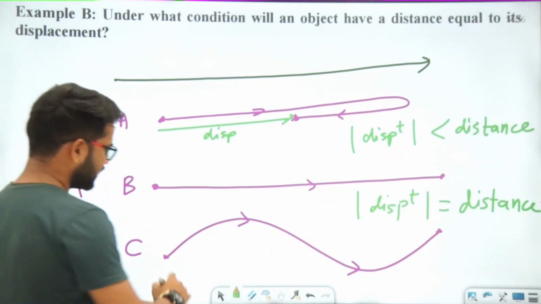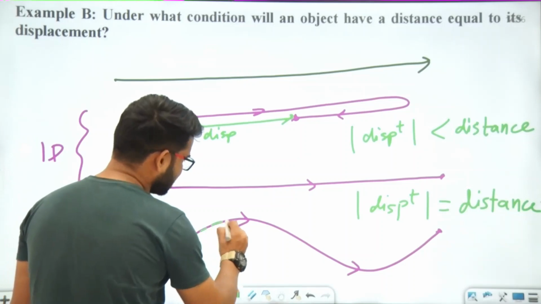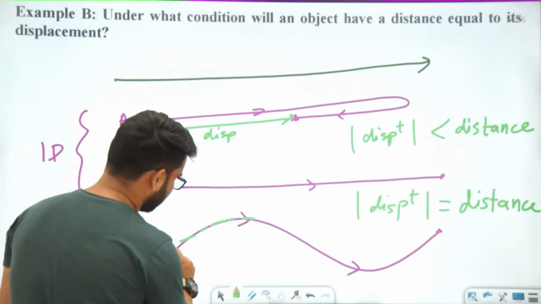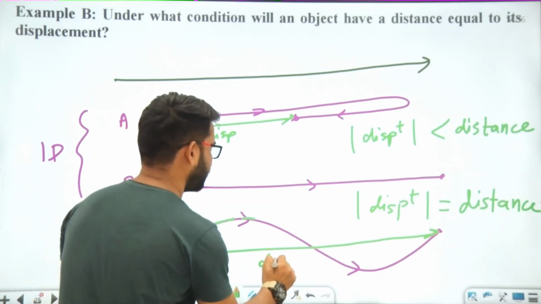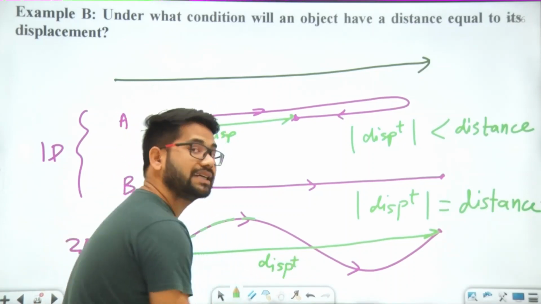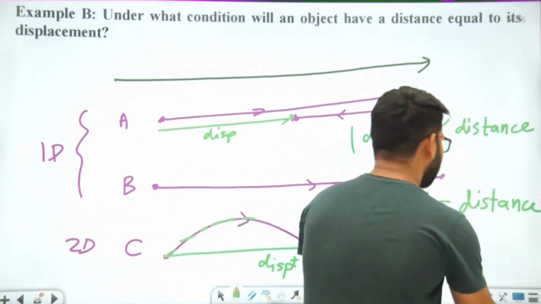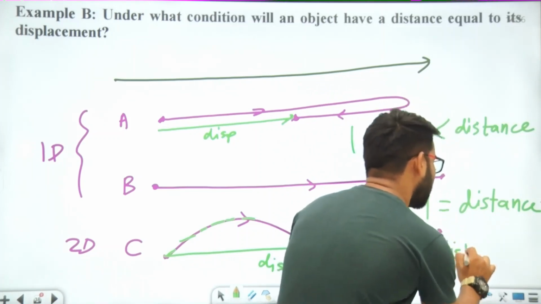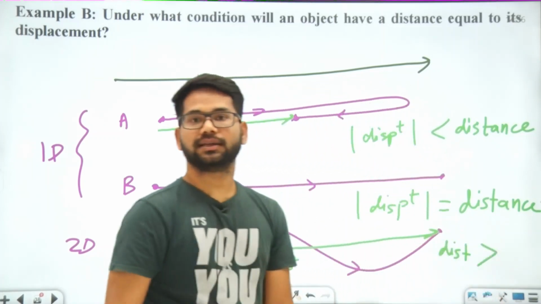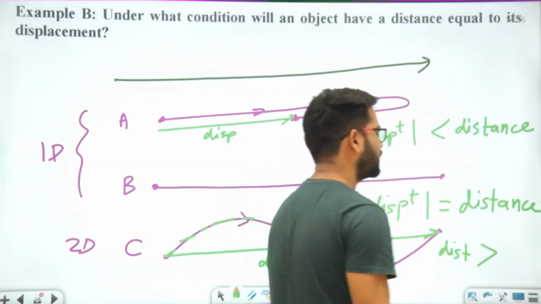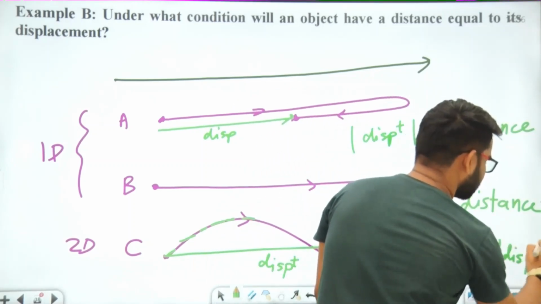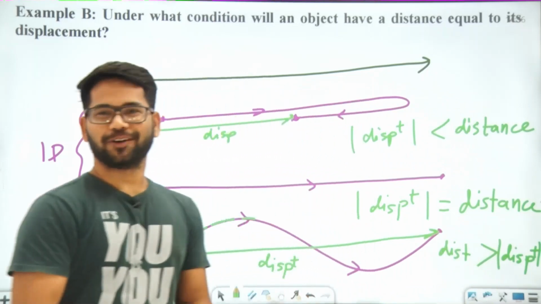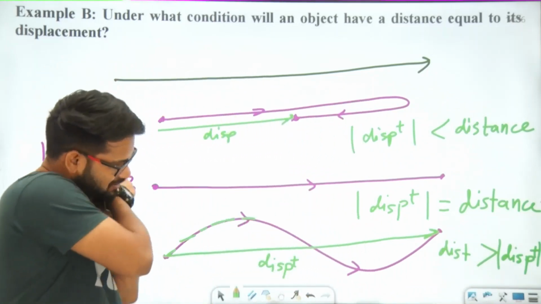Here this path length will be the distance, but displacement will be this. So in this case, distance is bigger than the magnitude of displacement. I hope you understand these two differences.